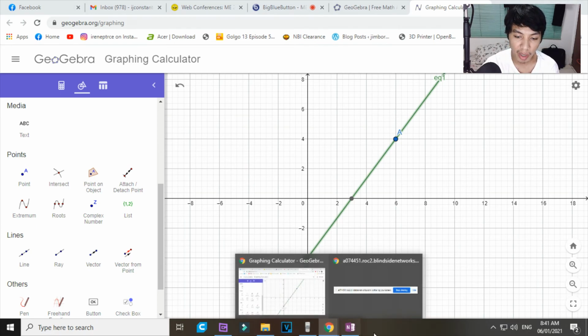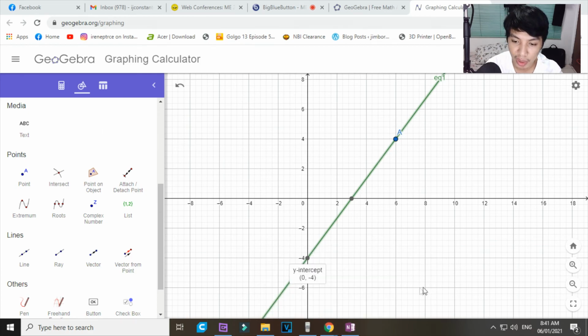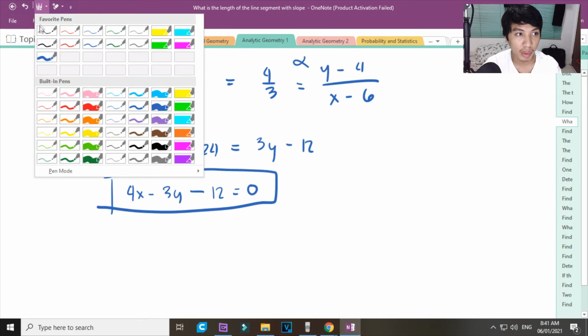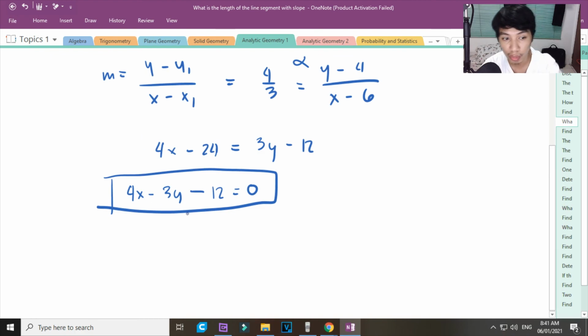The line segment, the length. Okay? So, you now have two points, (6, 4) and (0, negative 4). Actually, you can solve this right away, but I prefer to solve the line segment first. It is easier now, since you know that from (6, 4), point 1, it hits the y-intercept.